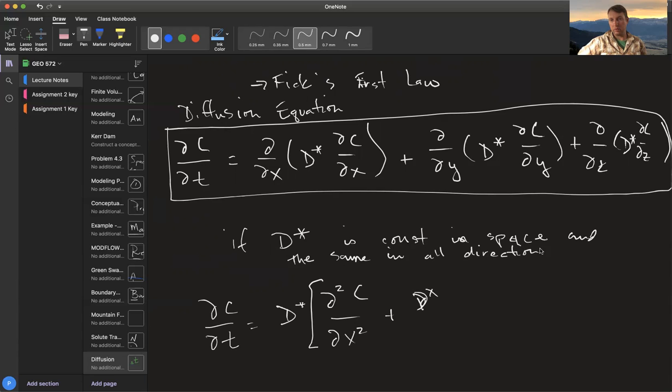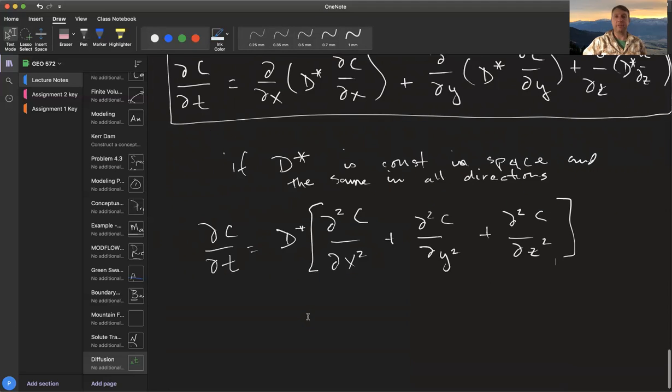This, by the way, is true in a fluid, but not in a porous media. But for simplicity, let's say it's homogeneous and isotropic. And this form here is often called Fick's second law.